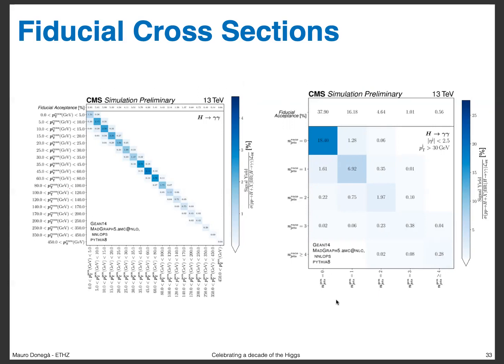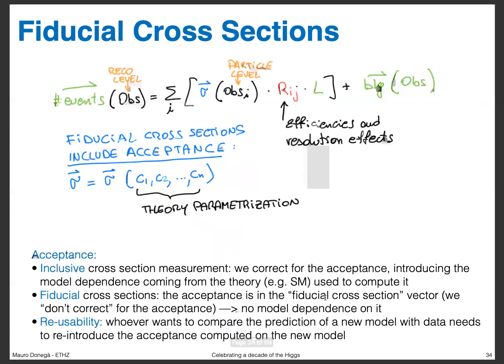And this will, we'll see, need some regularization when we do unfold. So the role of the acceptance in this technique is the following. In the inclusive cross-section measurements, we correct for the acceptance.